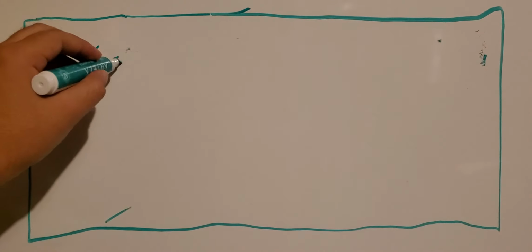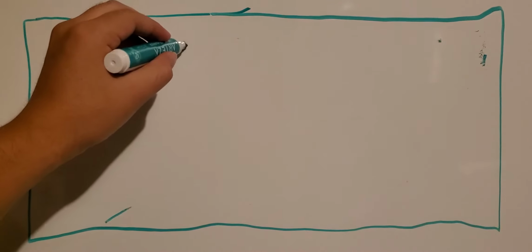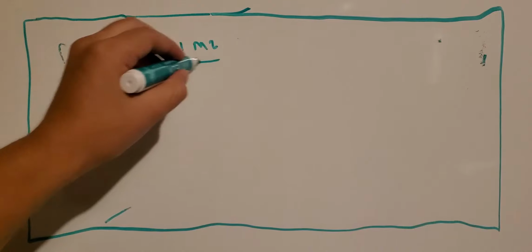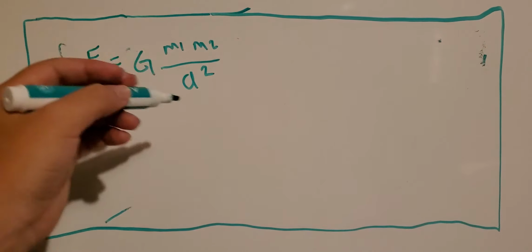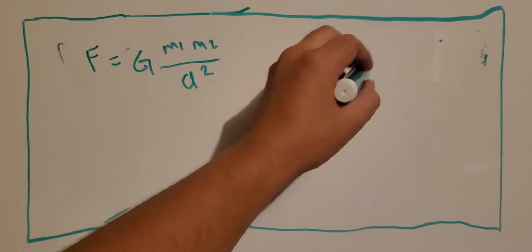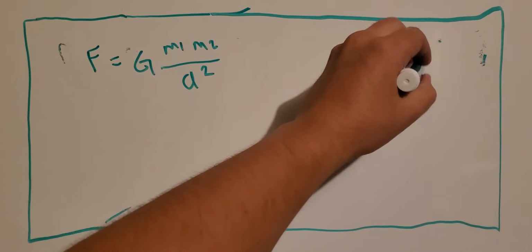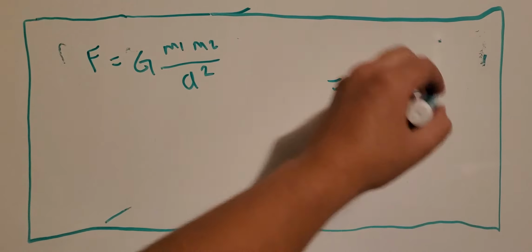So now to the next portion. It says explain where equation 12 comes from. So first, let me depict Newton's universal law of gravitation. So this is Newton's universal law of gravitation. And this is equation 12. This is part of equation 12.